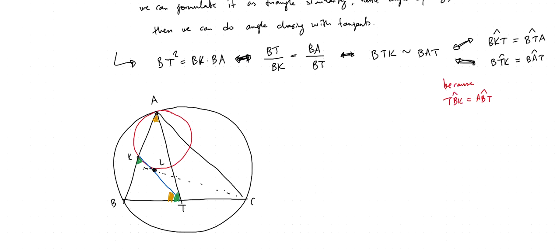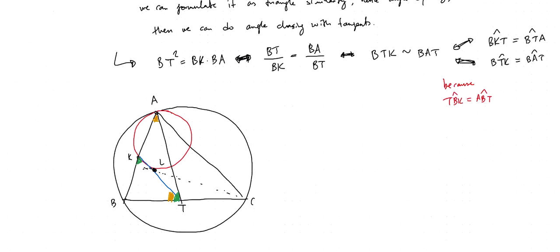So how about the green angle? Can you chase this from the red circle? The sides of the green angle are KA and KL. So they intersect the circle at two known points. This is good. This is arc AL. So I can simply move this green angle to another vertex on the red circle.